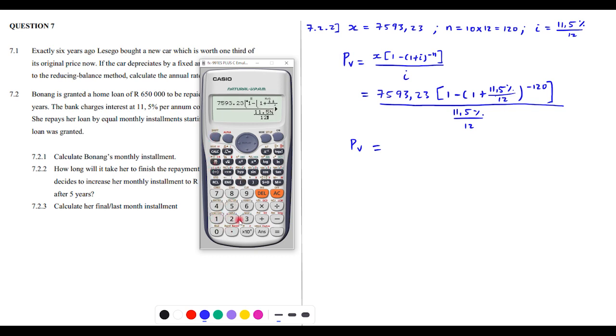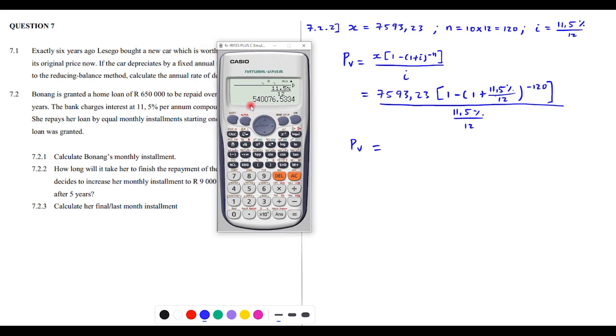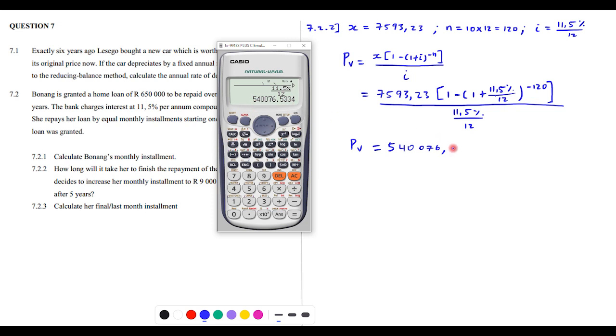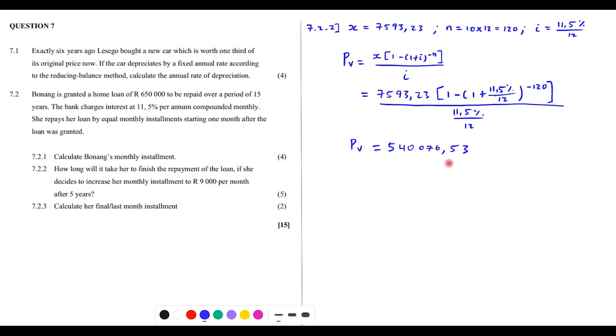Alright, as you can see here, she still needed to pay 540,076.53, right? So this is the outstanding balance, right? The outstanding balance.